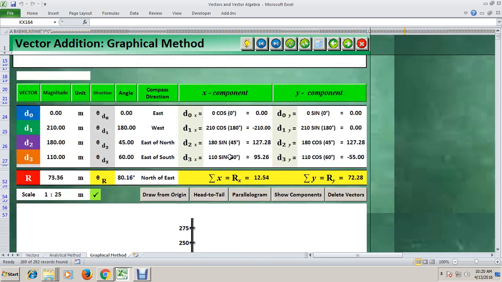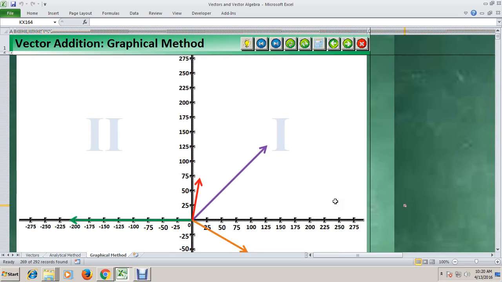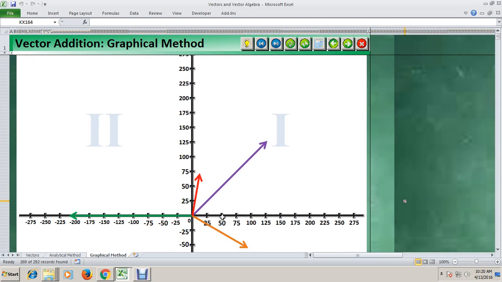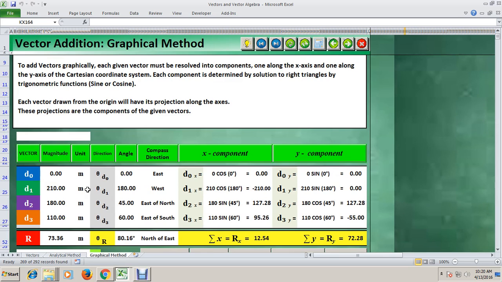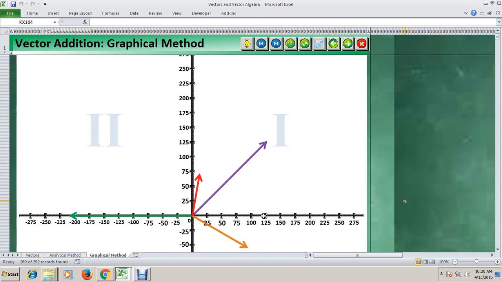As specified in this table, we have the following vectors: d sub 0, d sub 1, d sub 2, d sub 3, and finally we have r. Of course, d sub 0 is represented as the blue vector arrow. You cannot see the blue vector arrow here because the given vector is 0 in magnitude, therefore it has no length.